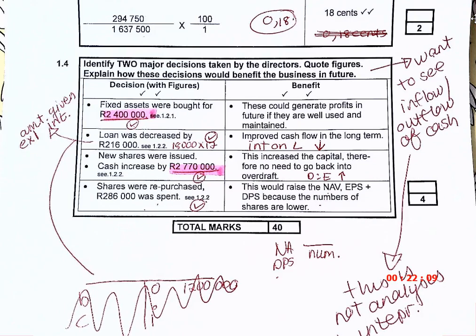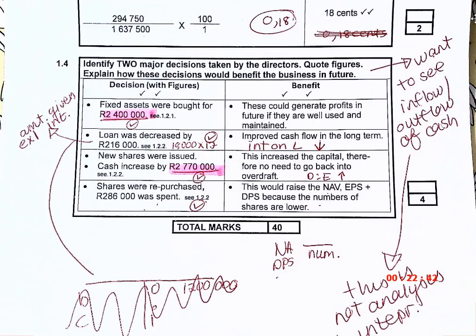Okay? So when they ask you that, you go, look, did the loan increase or decrease? If the loan increased, you say this can have a negative effect on the debt equity ratio. If the loan decreased, this can have a positive effect on the debt equity ratio. If the fixed assets increased, the company is expanding. If the fixed assets decreased, the company maybe sold these things to replace them with better machinery to be more productive.